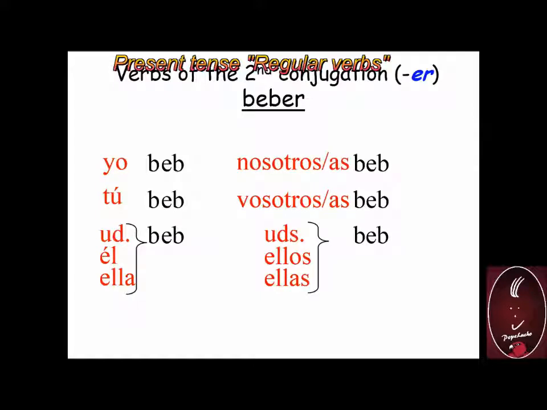In the yo form, bebo, bebes, bebe, bebemos, bebéis, beben. Let's review what is the emphasis. Bebo, bebes, bebe, bebemos, bebéis, beben.